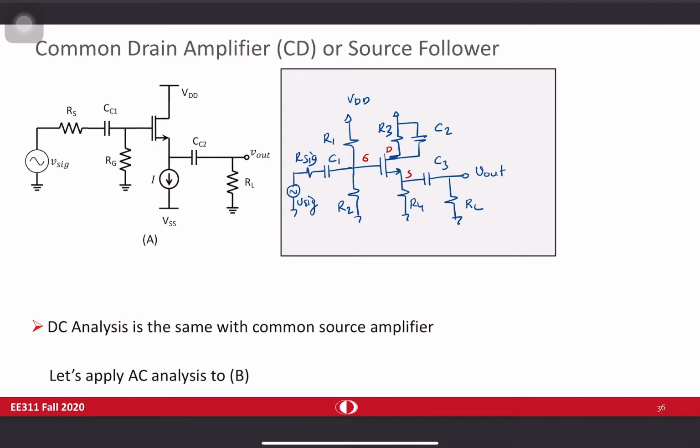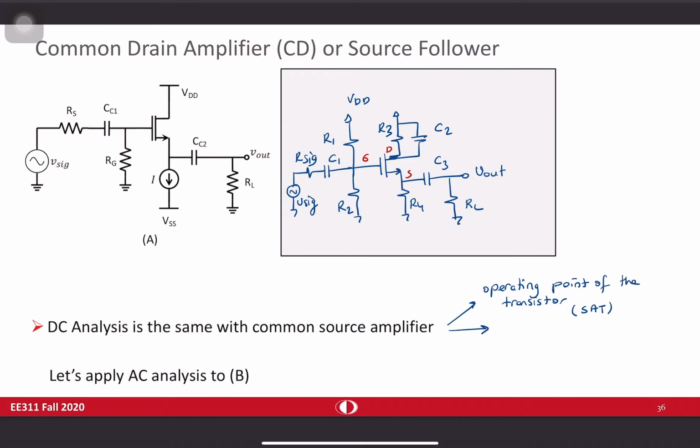DC analysis is the first step, and you do DC analysis, of course, for finding the operating point of the transistor. Of course, for MOSFET, you have to ensure that it's operating in saturation.